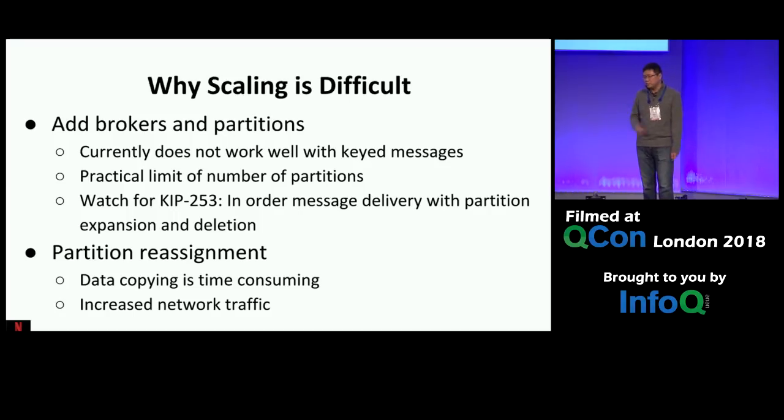This is a time-consuming process, and usually takes a few hours, depending on your retention period of data. During that period, there will be a significant increase of network traffic, and that replication traffic will compete with your production traffic for the limited bandwidth of your Kafka cluster.